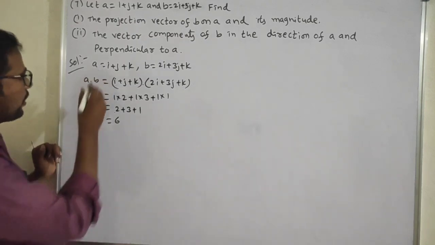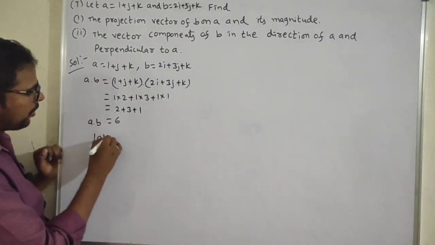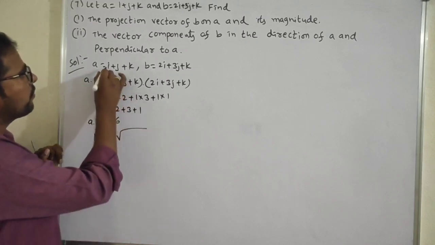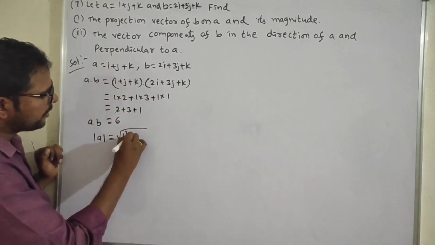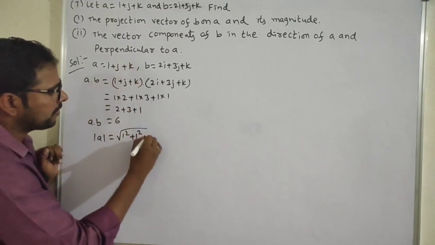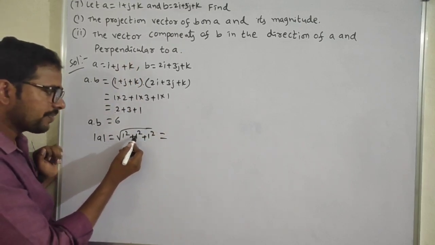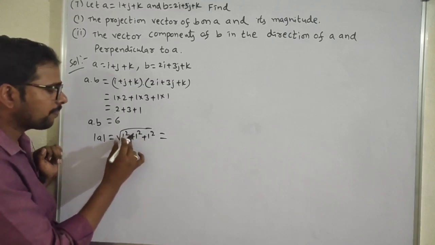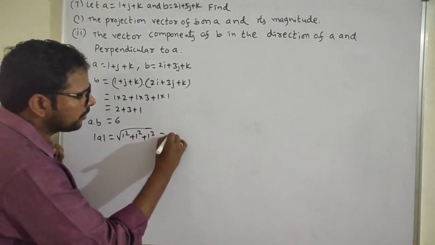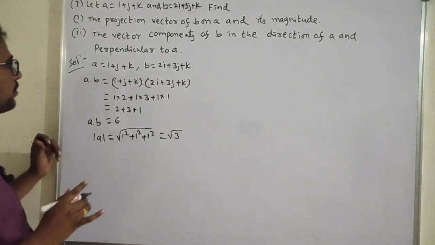Now find mod A. Mod A is equals to under root of i coefficient 1, 1 square, plus j coefficient 1, 1 square, plus k coefficient 1, 1 square, is equals to 1 plus 1 plus 1, 3. So modulus A is equals to root 3.